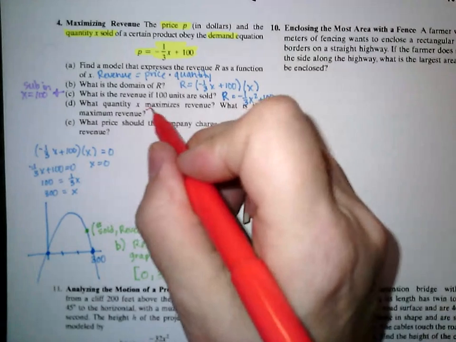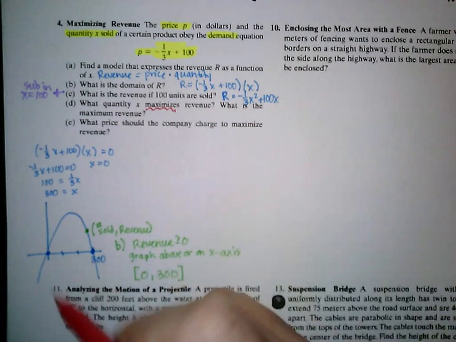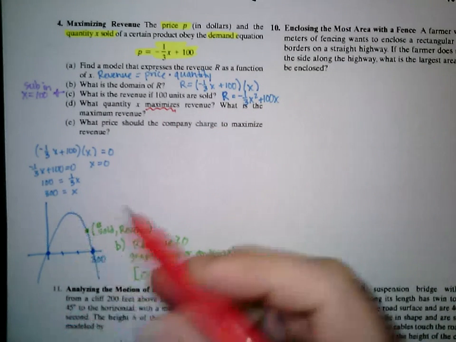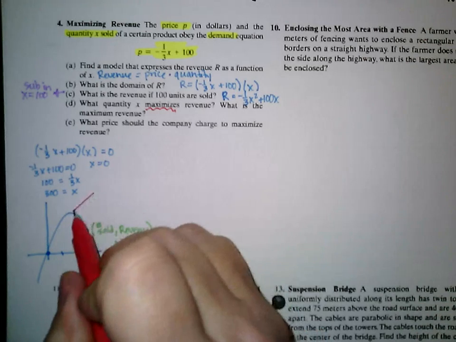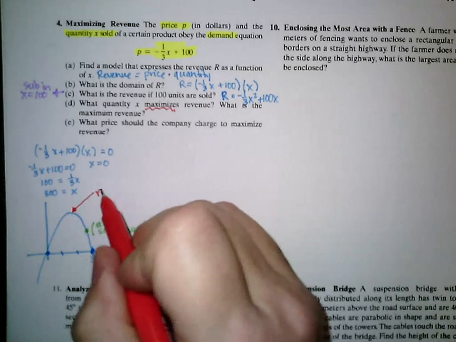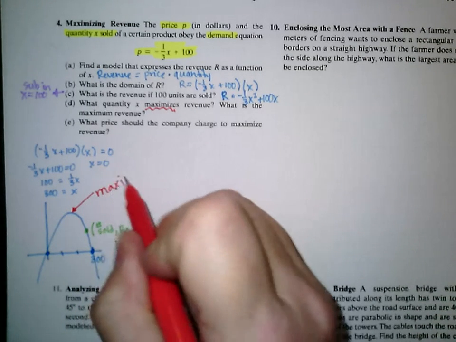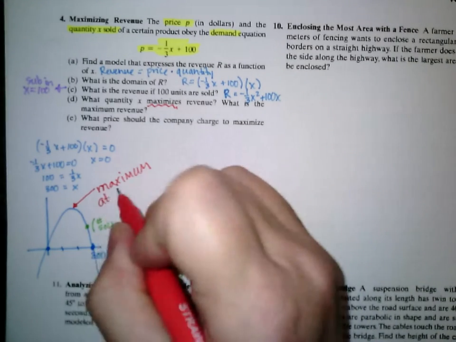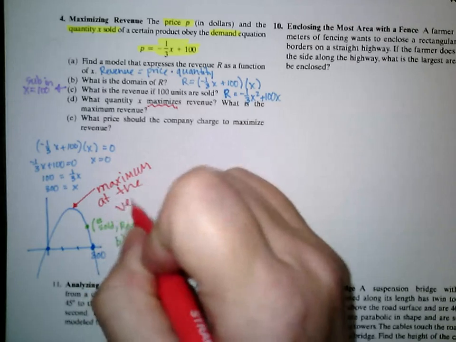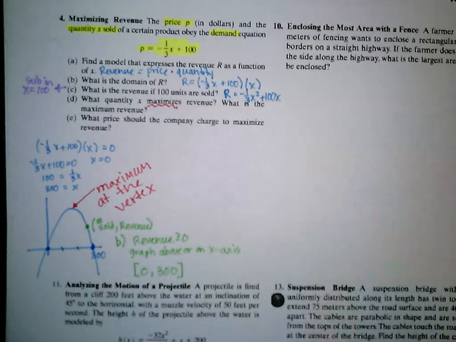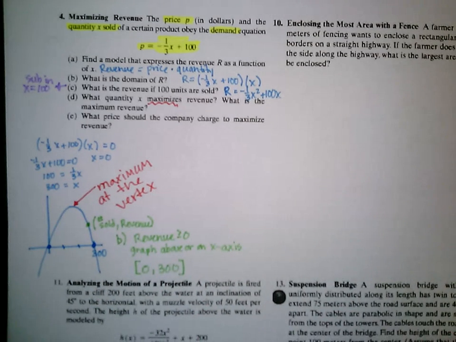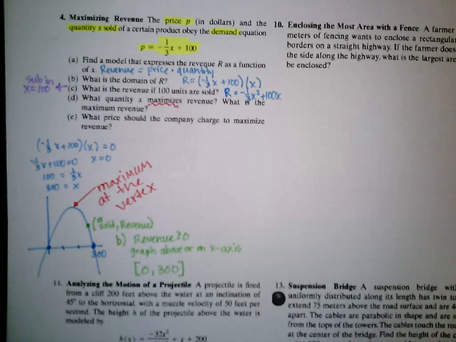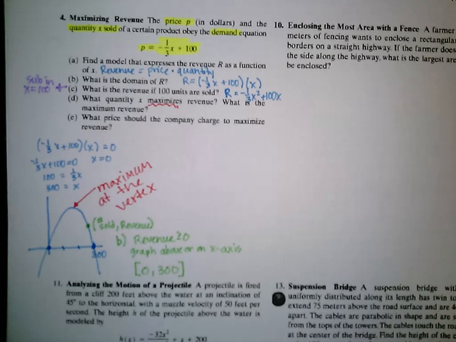So maximizing revenue, if you notice on this graph, this parabola does indeed have a maximum. The maximum occurs at the vertex. And that's going to happen on every parabola that opens down, that we have a maximum that occurs at the vertex.